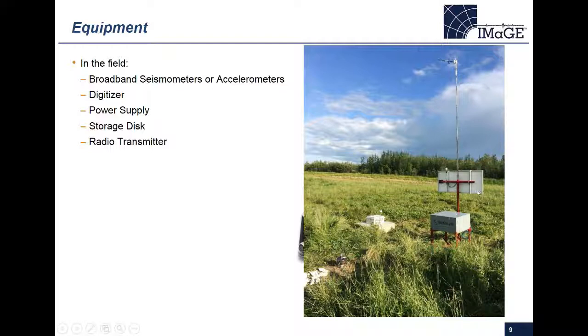And again, here on the other side of this white panel are solar panels to charge the batteries, so it's all a self-contained unit. And for real-time operations, we can see an antenna sticking up, and that's used to transmit data back to the central server here in Calgary to be processed. So all in all, it's a very small footprint.